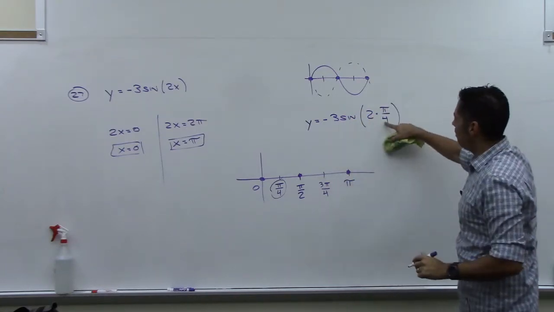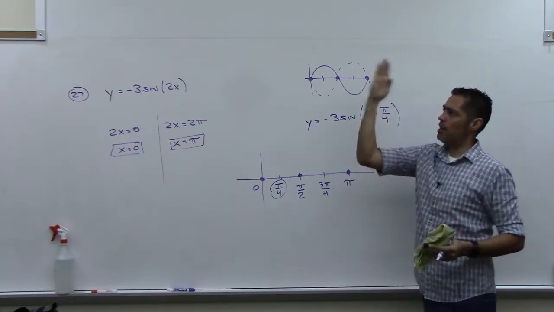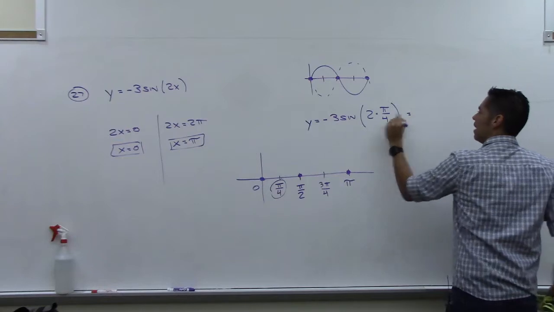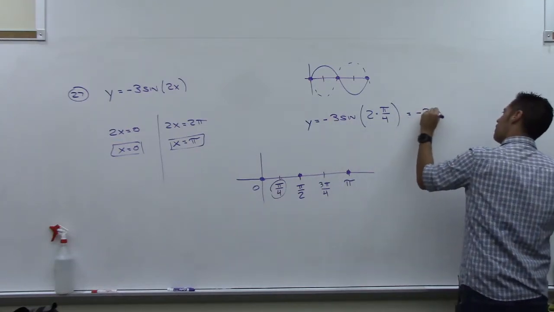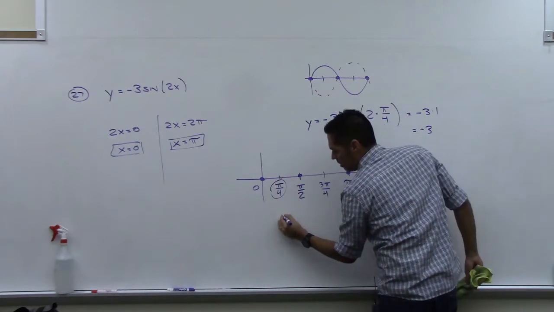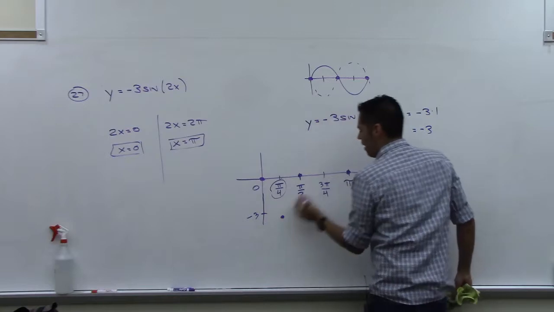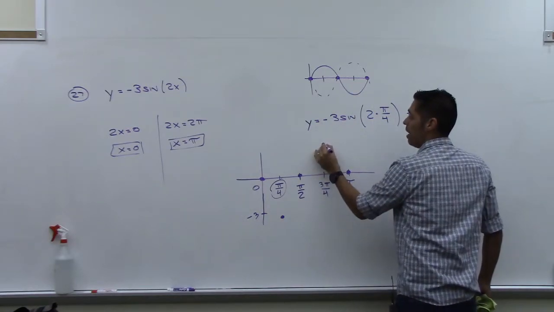So 2 times pi over 4 is the same as pi over 2. And sine of pi over 2, we're straight up again, is 1. So I'm getting negative 3 times 1, which is negative 3. So I know that at pi over 4, I'm actually down here at negative 3. And that means at 3 pi over 4, I must be up here at positive 3.